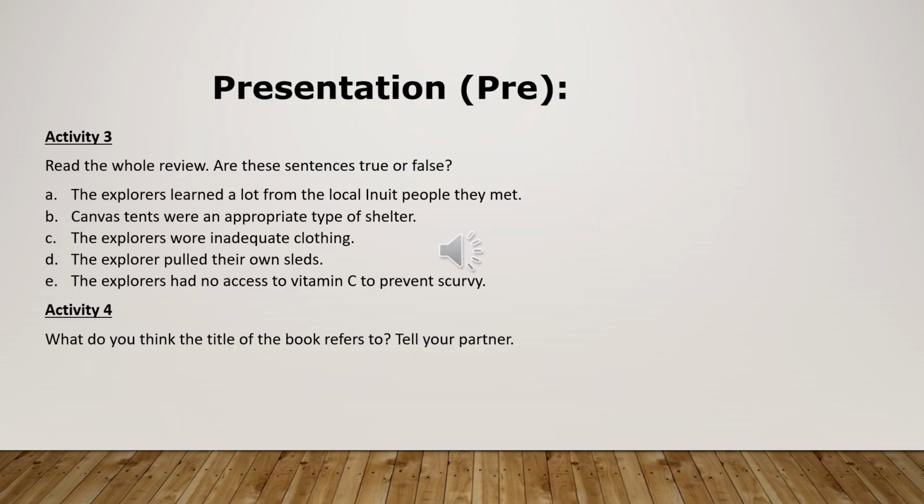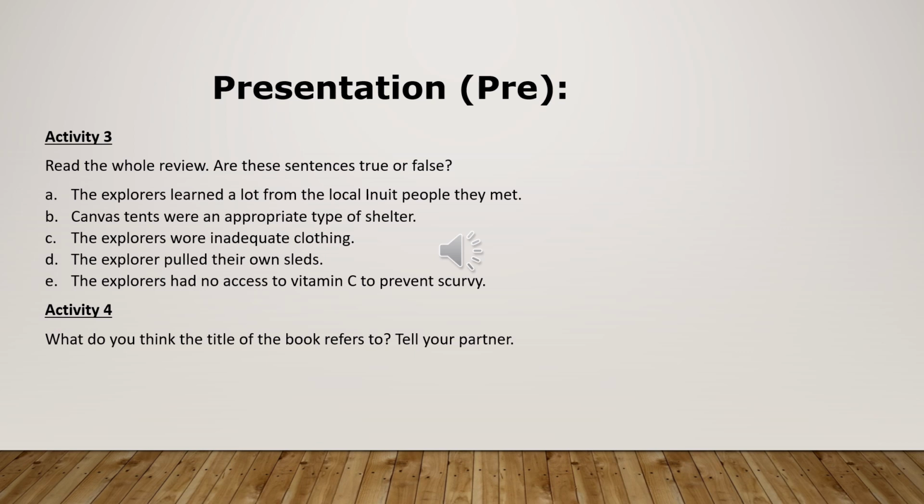Presentation. To show the topic to students, the presentation is to read the whole review. Are these sentences true or false? Students are prepared and know about the topic, some vocabulary, and have a little relation with the topic, so they are prepared to answer those questions.